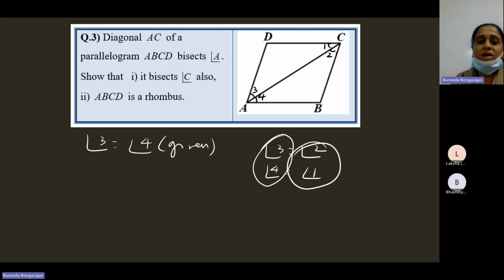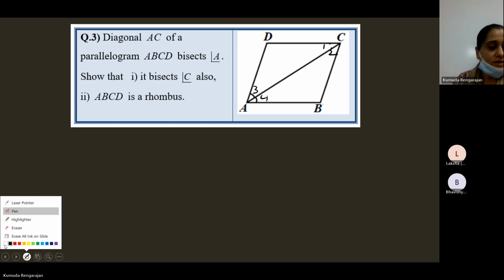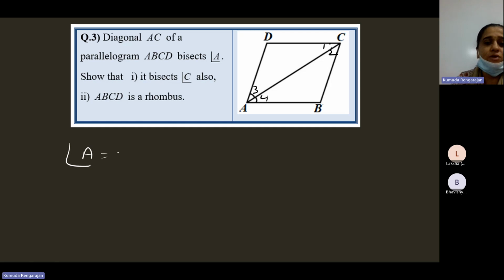All right. Now we'll have to prove that it's a rhombus. So we have to prove adjacent sides are equal, any one pair of adjacent sides. For that, what we did is we write angle A is equal to angle C. Opposite angles are equal.